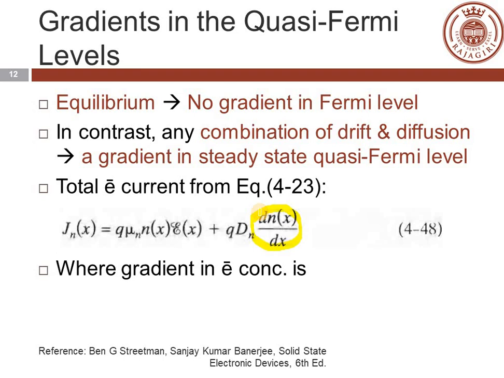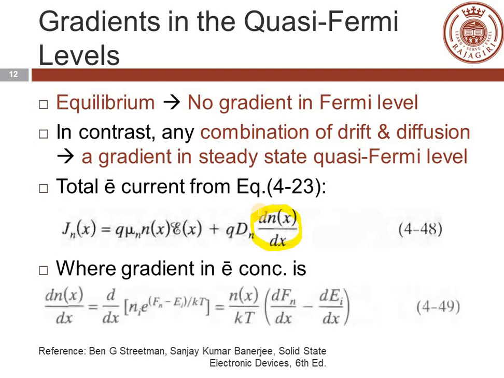So what's the expression for n0? For n0, our expression was ni into e to the power (EF minus Ei) divided by kT. Here we have drift and diffusion components. Because of that, we have a gradient in the steady state Quasi-Fermi level. It is not an equilibrium state. So we can't use the EF term. Instead of EF, we will be using Fn. So n of x you can write as ni into e to the power (Fn minus Ei) divided by kT.